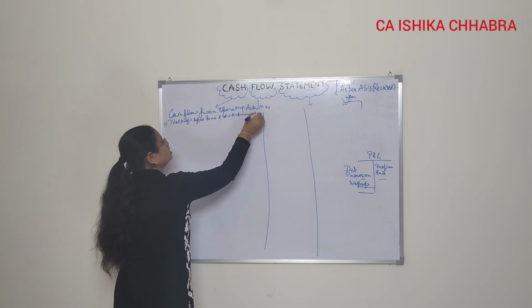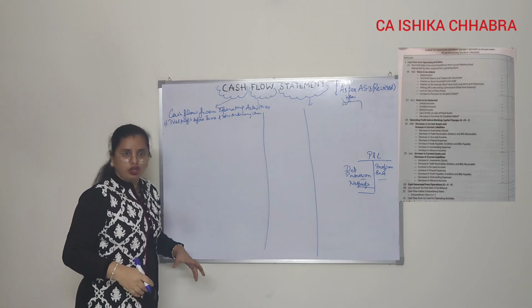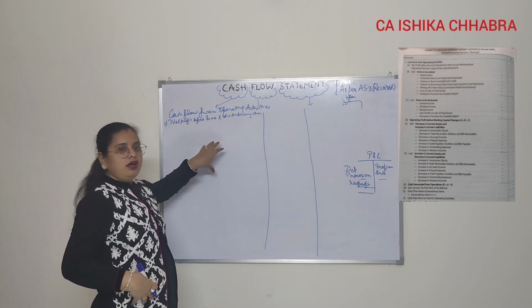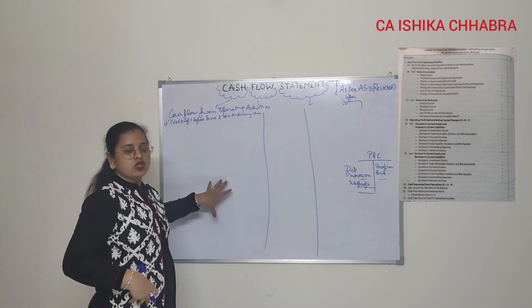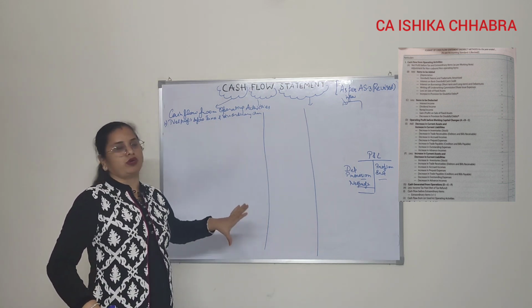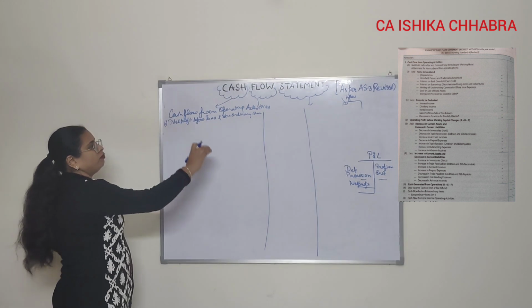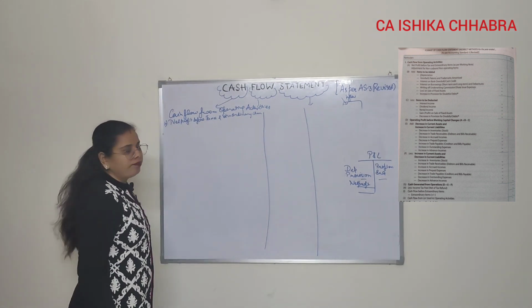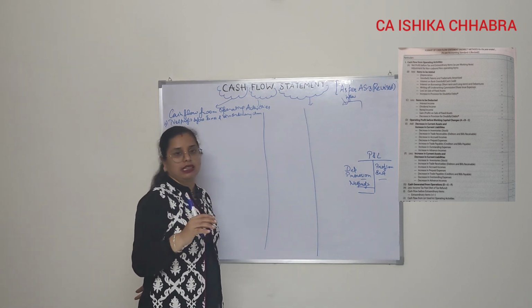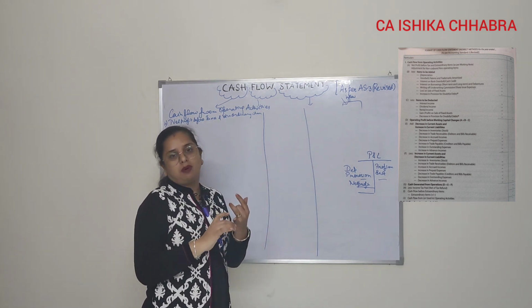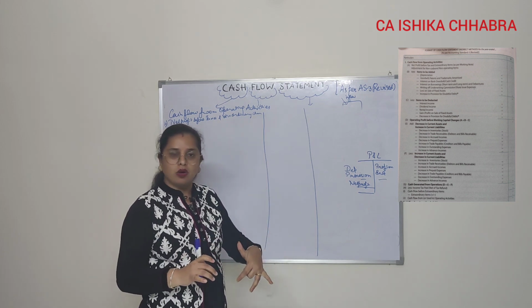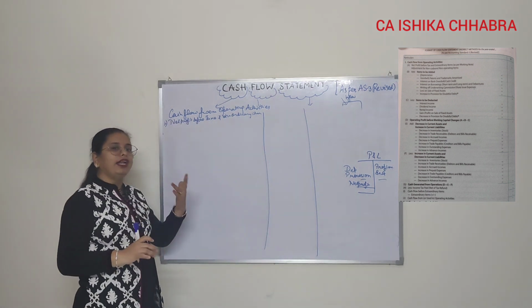You can see this complete chart in your books as well, but to make it understood I am writing the main points over here. First of all, net profit before taxes and extraordinary items. For that we have to take 3-4 things, like first of all balance as per P&L. What is balance as per P&L? It is closing minus opening.